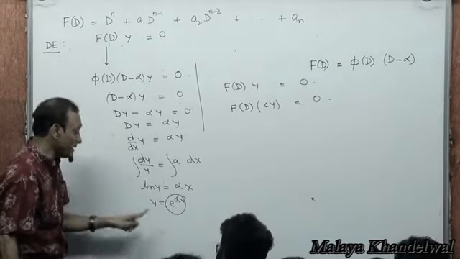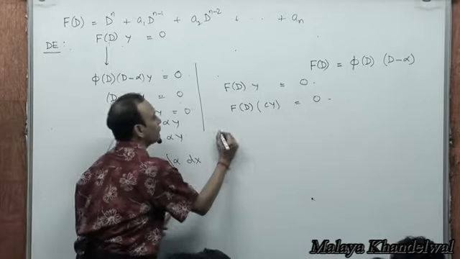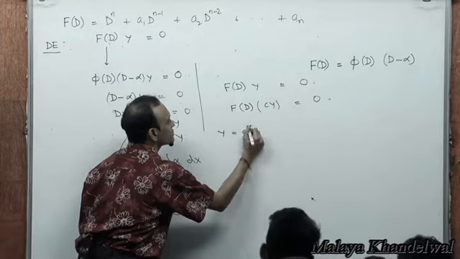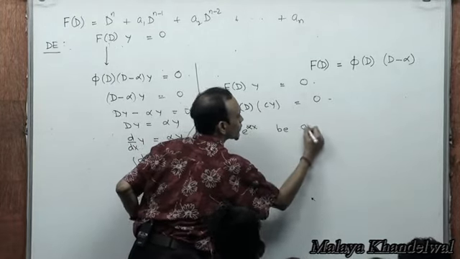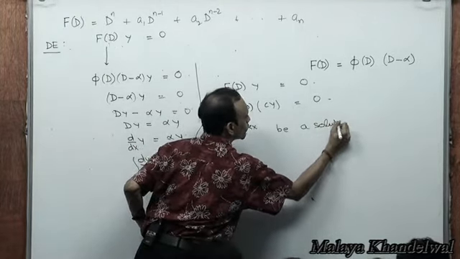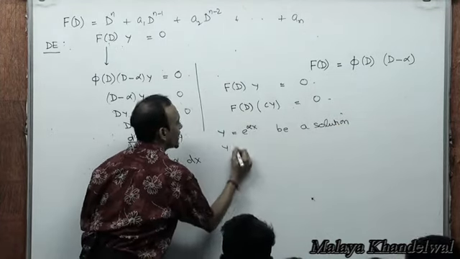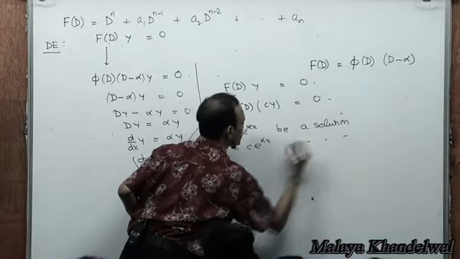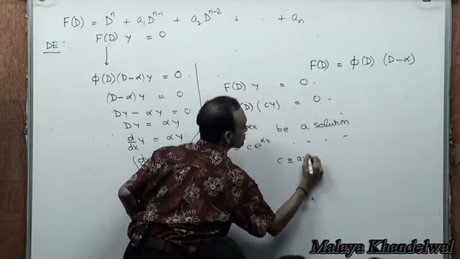Yes or no? That means if y is e power alpha x be a solution to the differential equation, then y equal to c e power alpha x will also be a solution, where c is an arbitrary constant.